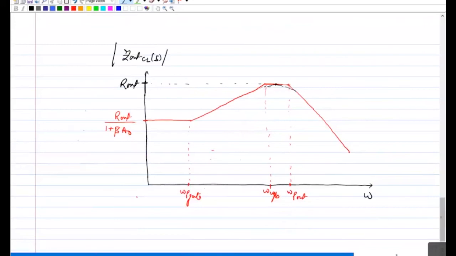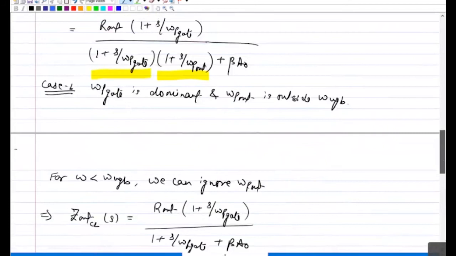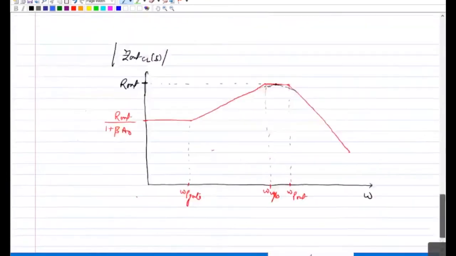So now we'll take case 2 where omega... okay, case 2.